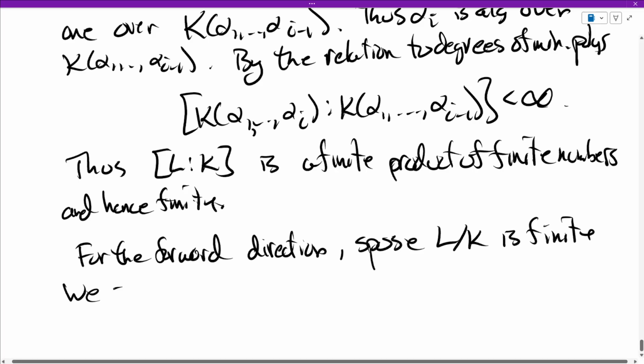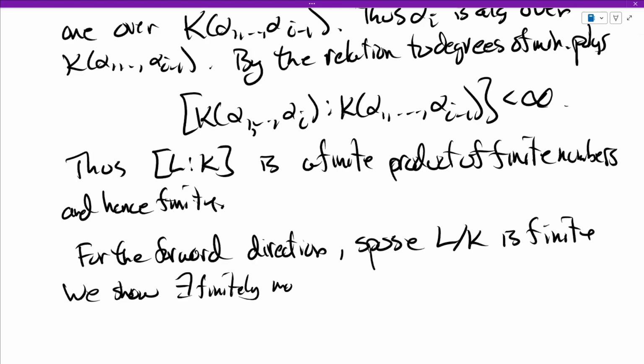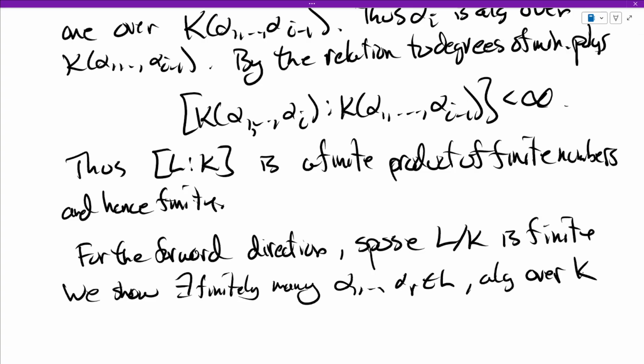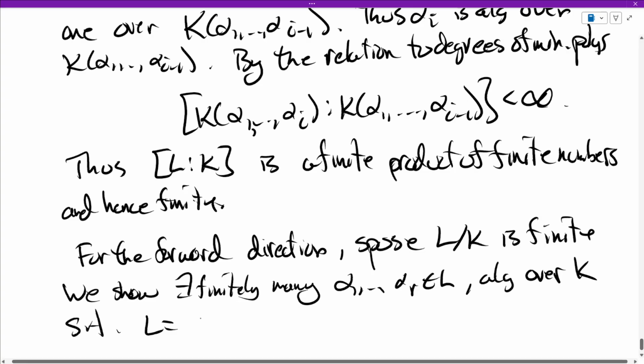We show there exist finitely many alpha 1 through alpha R in L, algebraic over K, such that L is K(alpha 1, ..., alpha R). Okay, so we can obtain L from K by adding in finitely many algebraic elements.